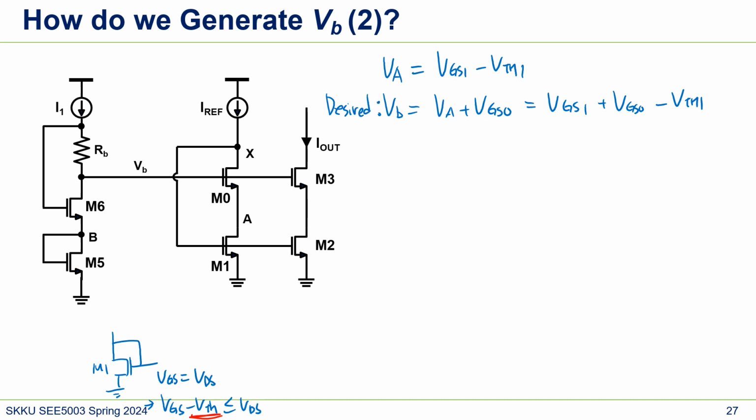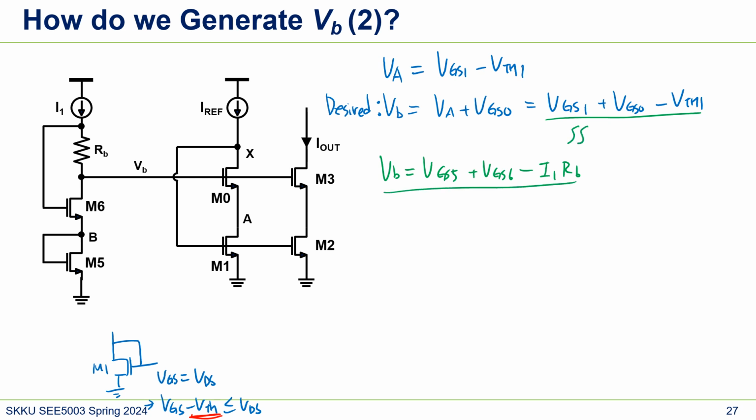And let's see this side. The output actually would be VB is VGS5, which is here, plus VGS6 minus I1RB. This is what we got. So we want this and this to be similar.